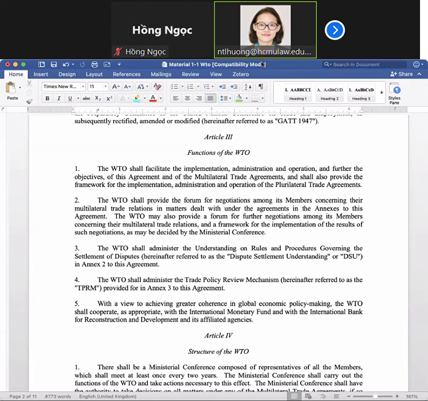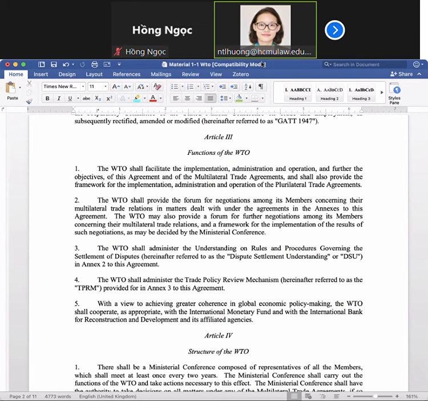And the last one, the final function of the WTO is to cooperate as appropriate, of course, with the IMF and the World Bank. This function is designed with a view to achieving greater coherence in global economic policymaking. Here in these declarations, you have no idea in detail how the WTO should cooperate with these agencies, that is the IMF and World Bank.